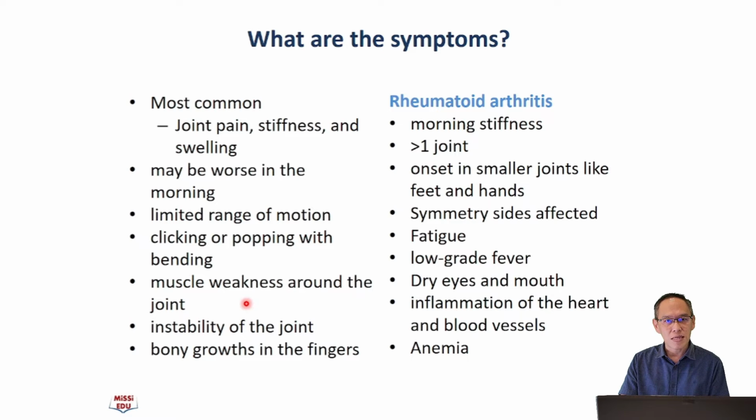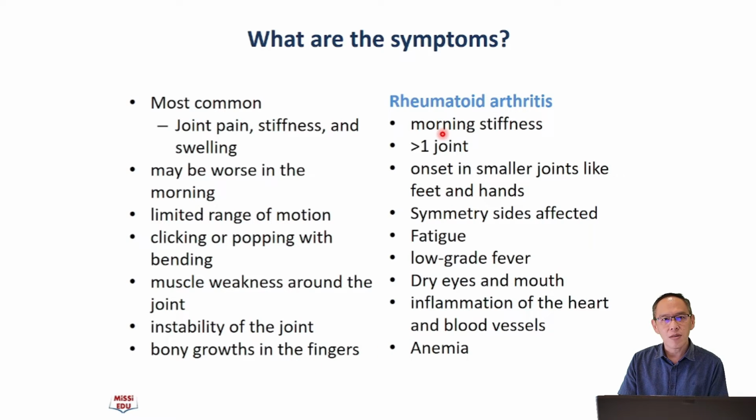We tend to limit the usage of the joint, which eventually causes wasted muscle and muscle weakness. Because of this fluid and the muscle weakness, the joint tends to be unstable. In certain cases, there is a bony growth in the fingers or even over the knees. You can see the protuberance of the bone.